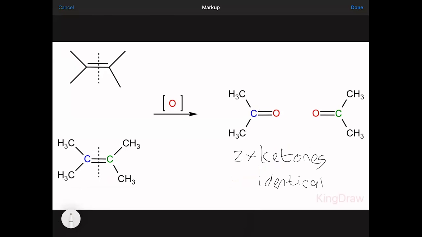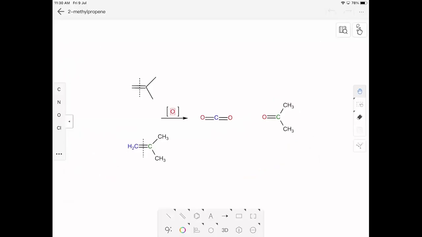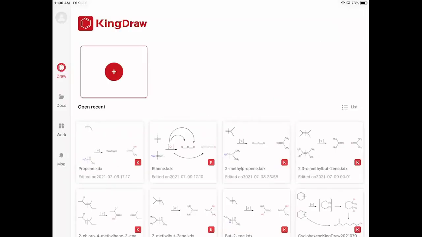In your drawing program, you can take the one on the right-hand side and literally flip it over 180 degrees, and you end up with exactly the same molecule.